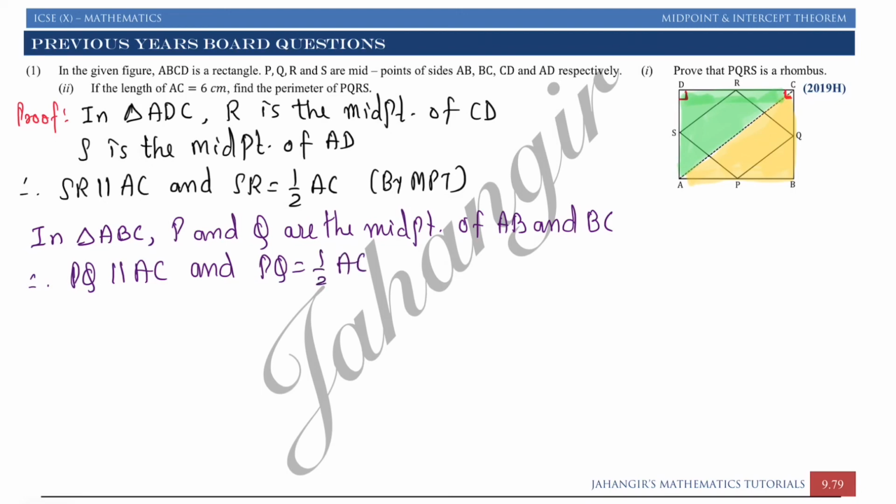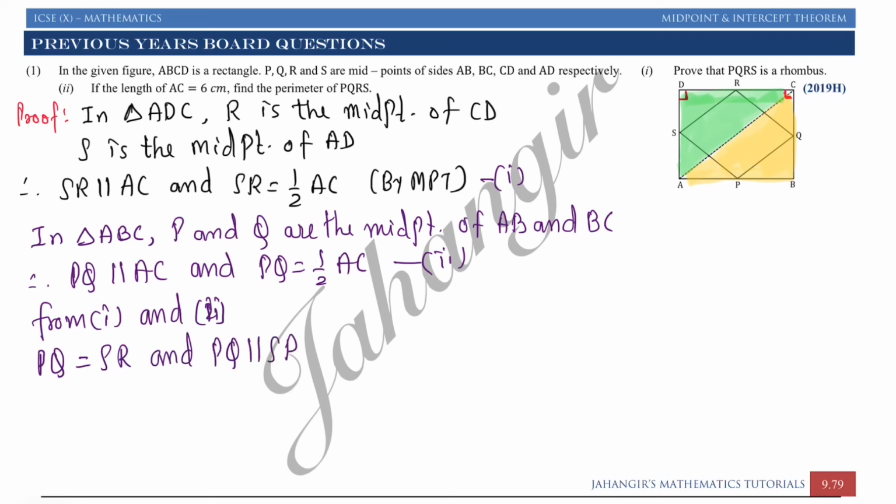Comparing 1 and 2, we can say PQ is equal to SR and PQ is parallel to SR. So therefore PQRS is a parallelogram, since opposite sides are parallel and equal. The reason you have to write: opposite sides are parallel and equal.